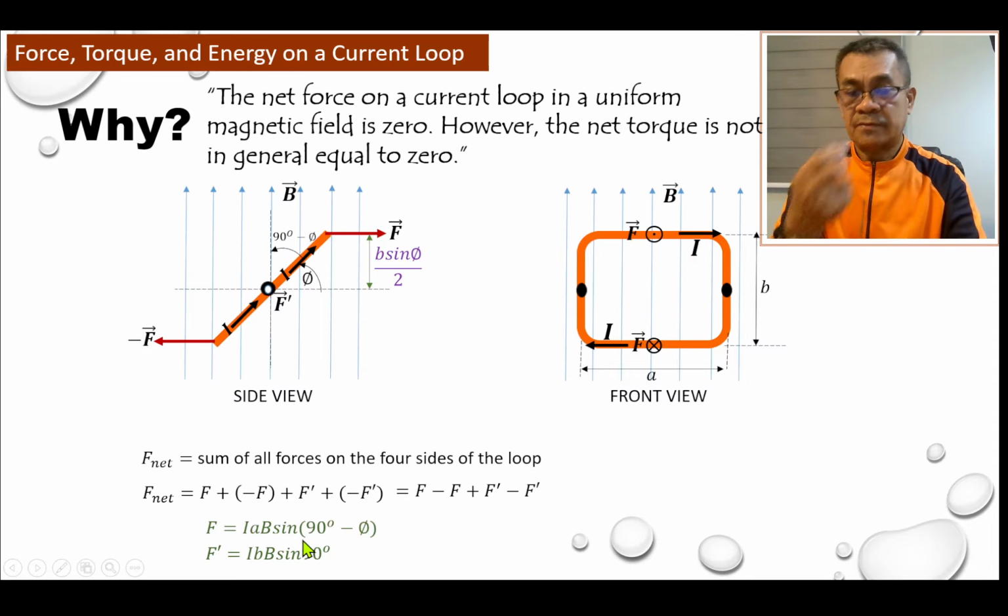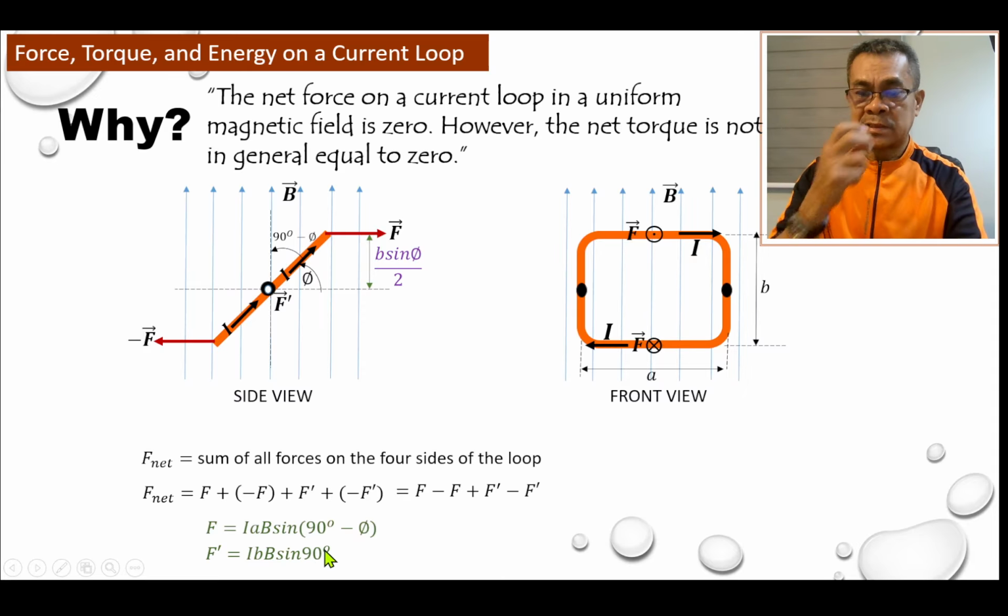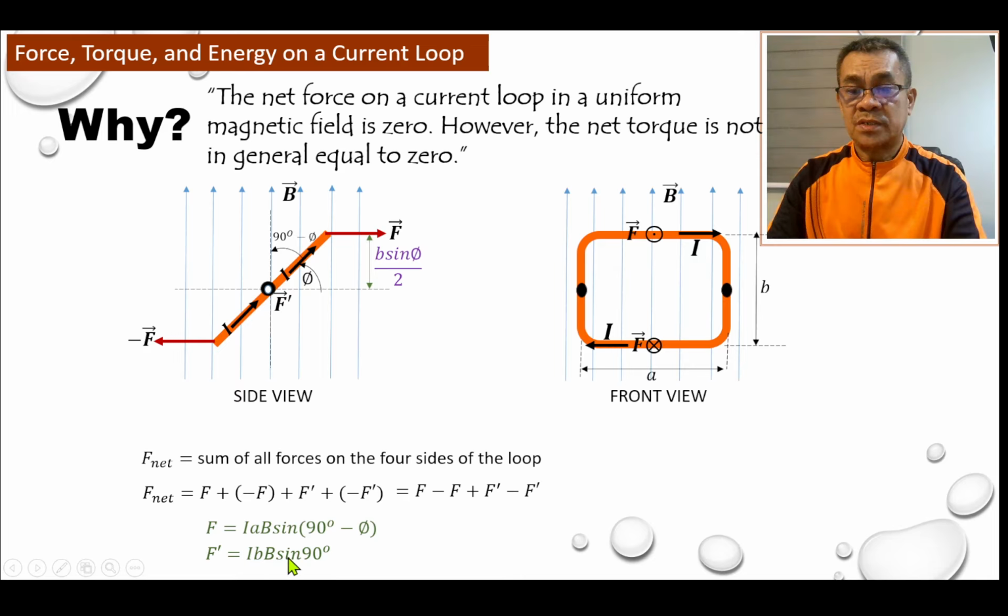By the way, this is 90, so therefore sine of 90 is 1. So therefore, we have only B, the magnetic field, current, and the length of the conductor, this side. Then we have the sine of theta because the angle is 90.